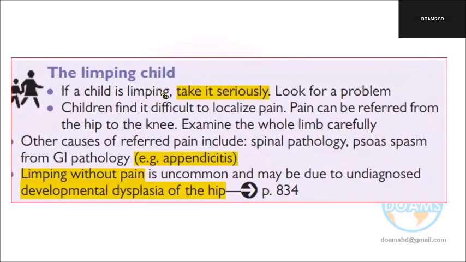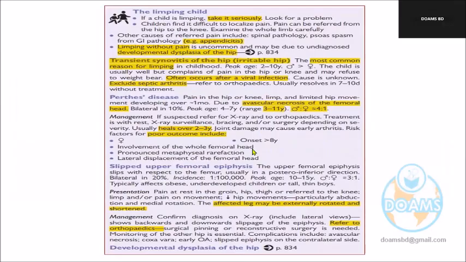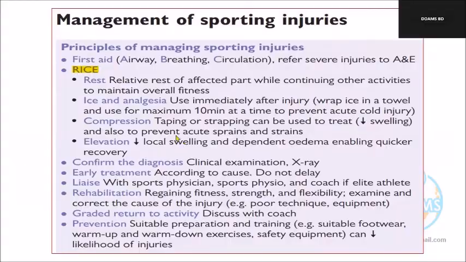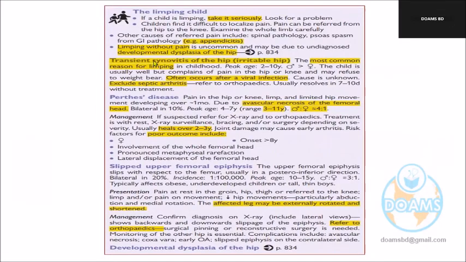Second thing, the limping child differentials. It is called the limping gait also. Sometimes there may be underlying appendicitis also. The patient may have limping. And these are the whole limping issues. You will get details in the book, Perthes disease, and definitely this will be discussed in detail in the course.